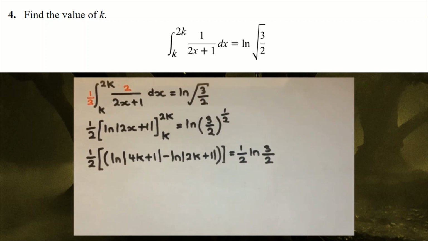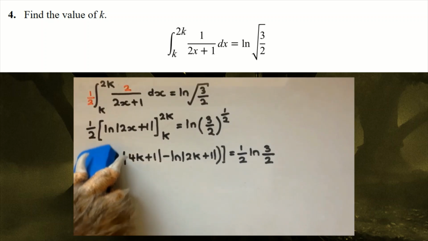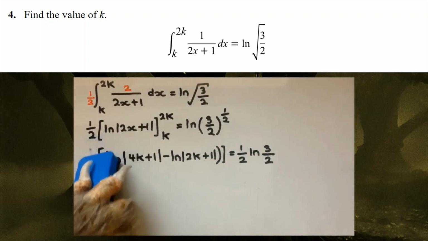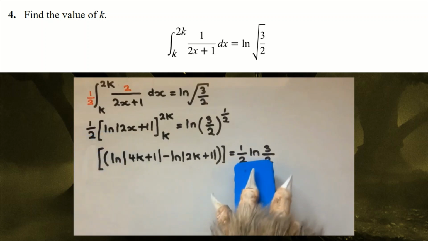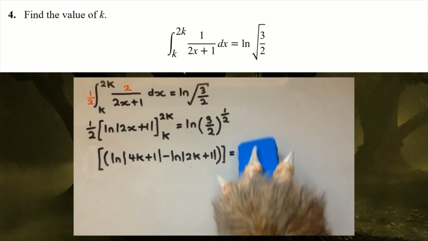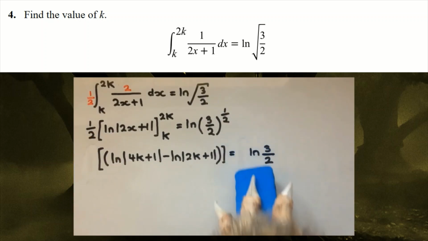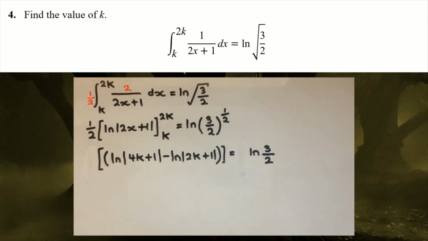Now this is interesting. We have a half multiplying both sides of the equation. That means I can just simply remove them. I can divide both sides by a half and pretend they're not there. So let's do that. So I'm going to remove the half here and the half there. So it makes it a little bit more simple, doesn't it? Great. What next? Well, I've got a log subtracting a log here.